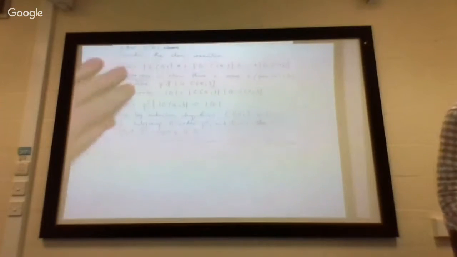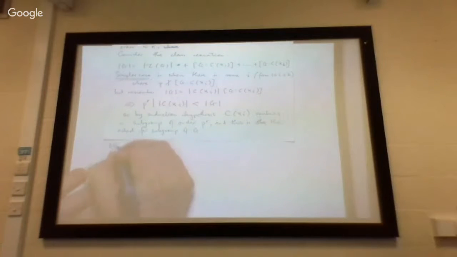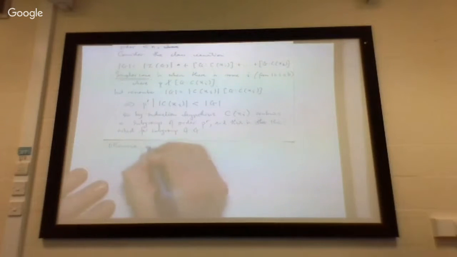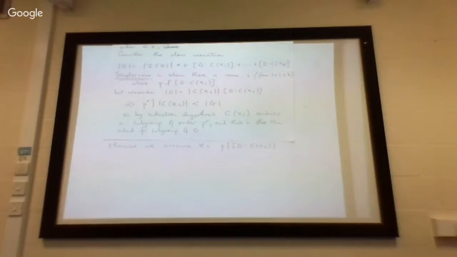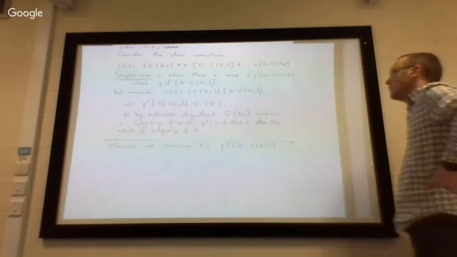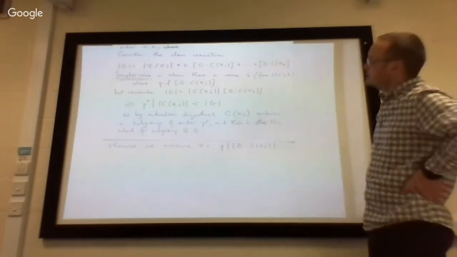Okay. So otherwise we assume that for all i between 1 and k, p divides this index term. And this is where we appeal to the class equation.